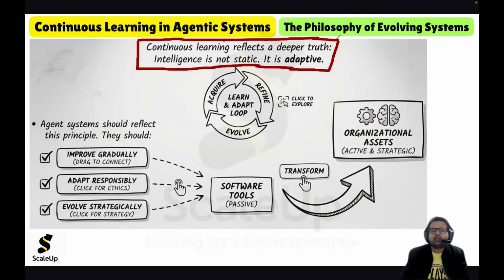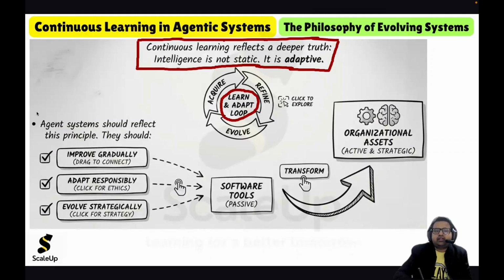And why is intelligence adaptive? Because the real world where we live, where these agentic systems will operate, is highly uncertain and highly dynamic in nature. So intelligent systems have to be adaptive, wherein they learn and adapt.